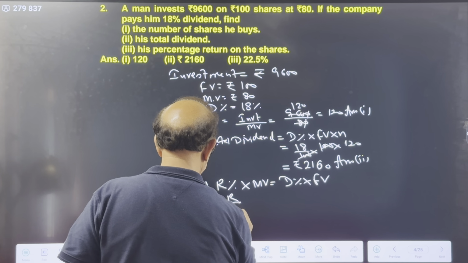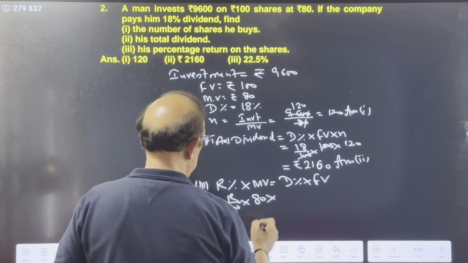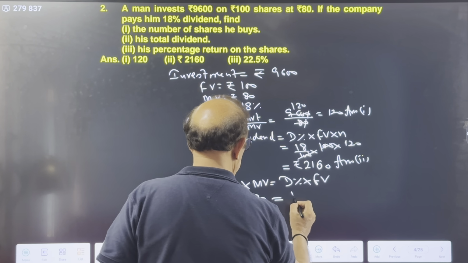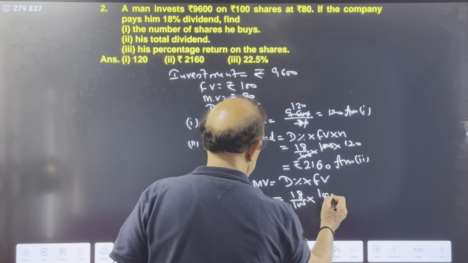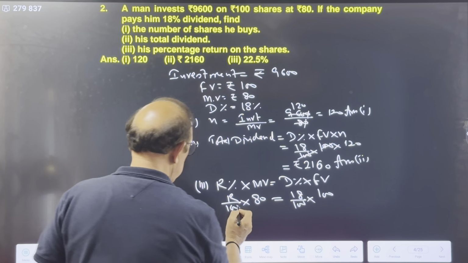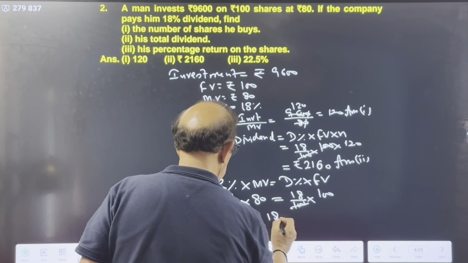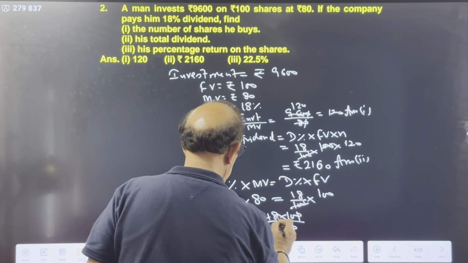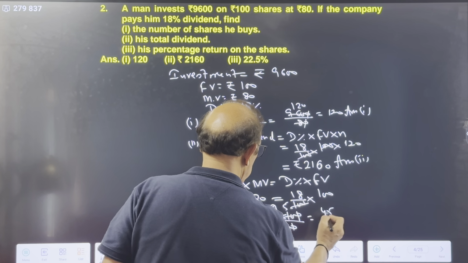R upon 100 into market value, which is 80, is equal to D%. What is D%? 18%. 18 upon 100 into face value, this is 100. Cancel this 100 with this 100 below. Now R is equal to 18 into 100 upon 80. 0 cancel, 2 4 the 2, 9 the 2, 2 the 5 the 9 into 5, 45 by 2, 22 by 5%.